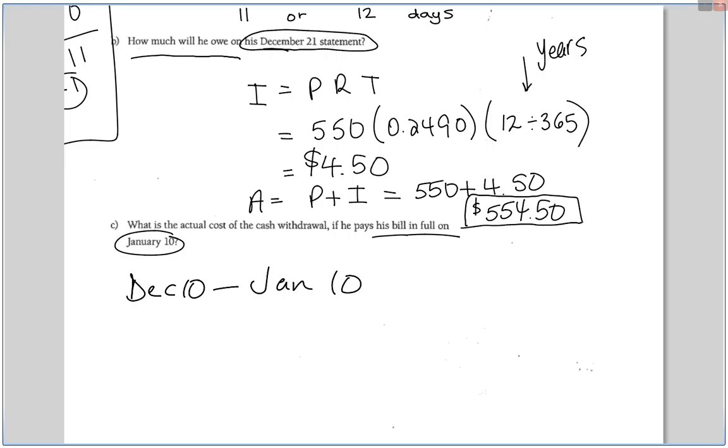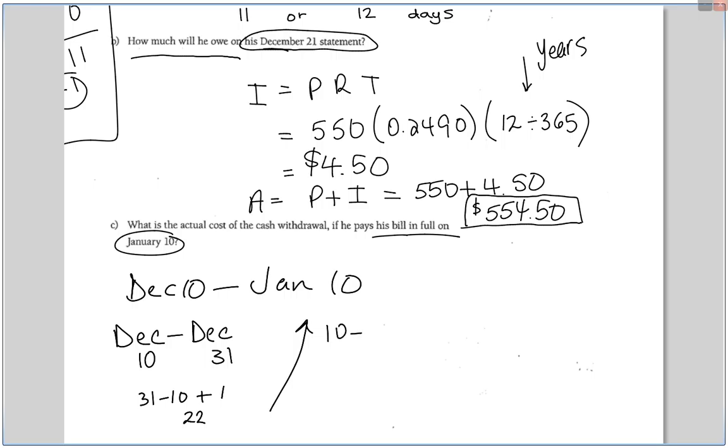Okay, so let's figure out December 10th to December 31st. How do we know December has 31 days? Falls on a knuckle. December has 31 days. So 31, take away 10, and then plus 1 for the starting day is 22 days. Plus the 10 days from January 1st to January 10th.